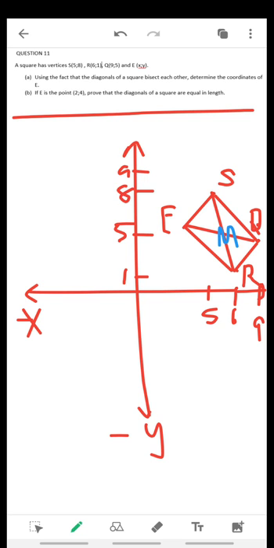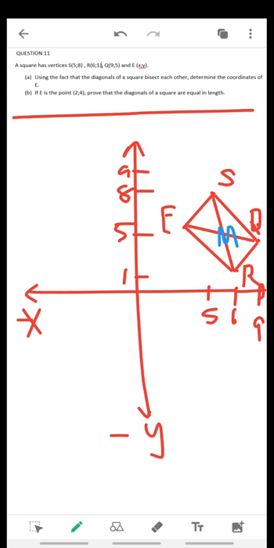A square has all of its sides equal to each other. A square has corner angles each equal to 90 degrees. The diagonals of a square, what are diagonals? The lines that are drawn inside the square from one corner to the other corner.